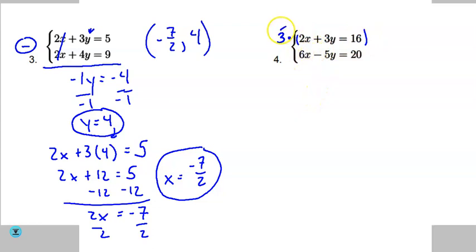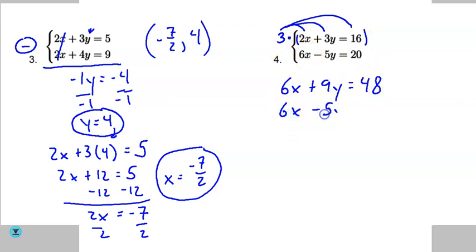And that way when I distribute, when I multiply everything times 3, I'm going to get 6x plus 3 times 3y is 9y equals 3 times 16 is 48. Now the bottom one is 6x minus 5y equals 20. So I'm not going to change it.